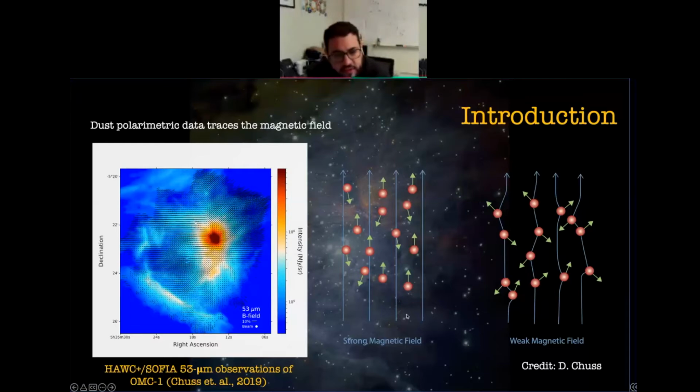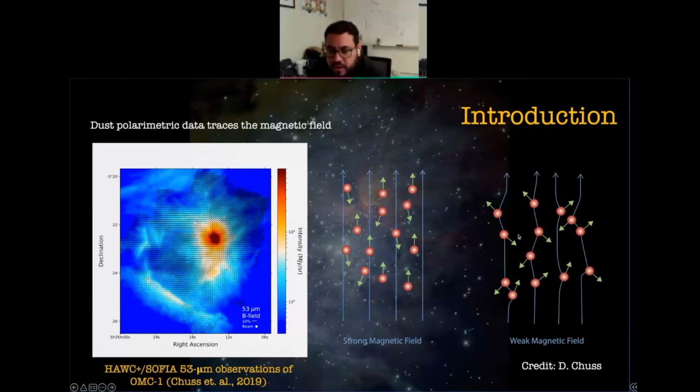If the magnetic field is strong, the dust particles have no real chance of modifying the morphology. But in the case of a weak magnetic field embedded in a turbulent medium, the dust particles will be moving about and dragging the magnetic field with them as well.